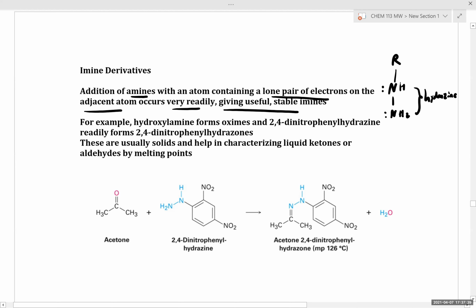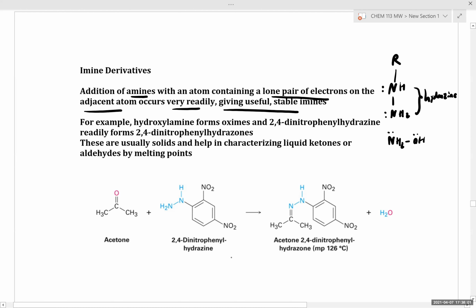The most common that we see in the organic laboratory is the 2,4-dinitrophenylhydrazine derivative. Other examples include hydroxylamine derivatives, where these can also be used to form stable isolable imines.